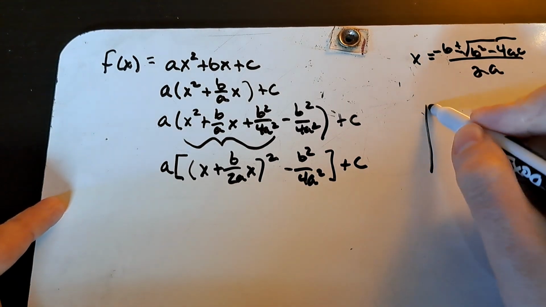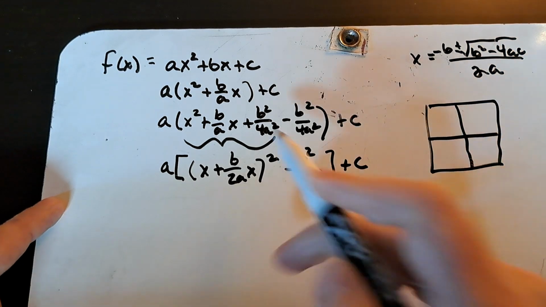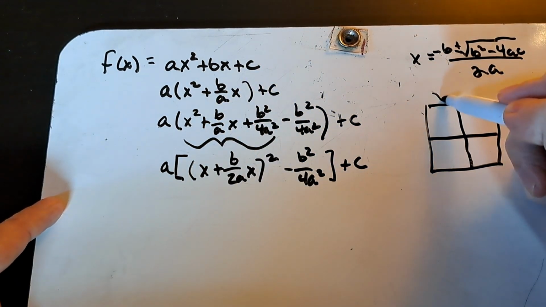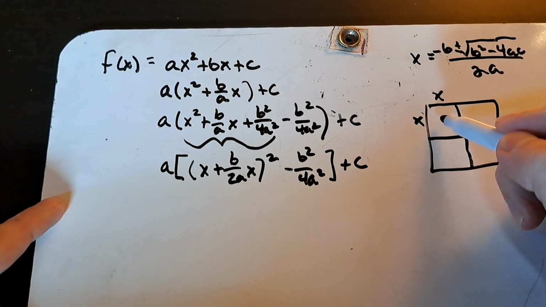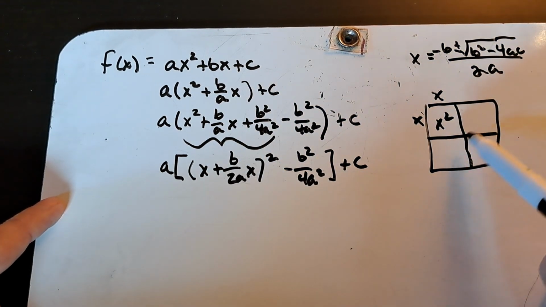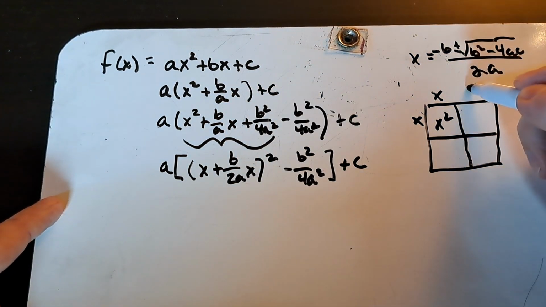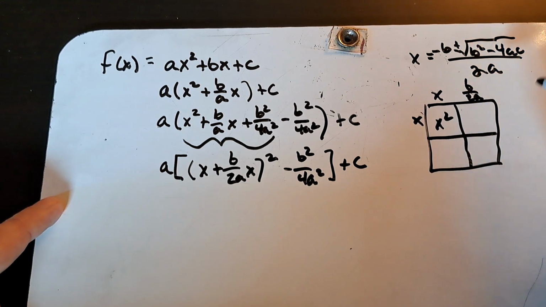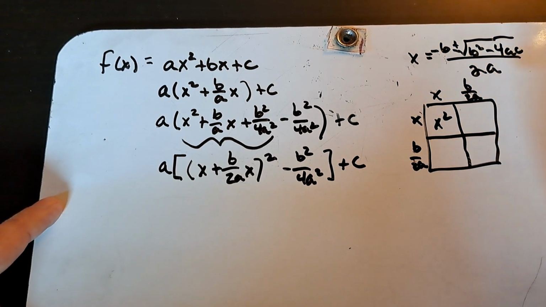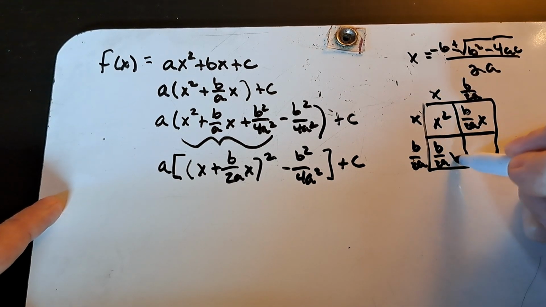I'll draw it out here just in case you find yourself a little bit confused. If I wanted to complete the square on this, this would be x and x, so that would give me x squared. If I wanted these two boxes to add up to b over a x, I would have to take half of that. So it would be b over 2a and b over 2a. And so these two boxes here would be b over 2a x, b over 2a x.